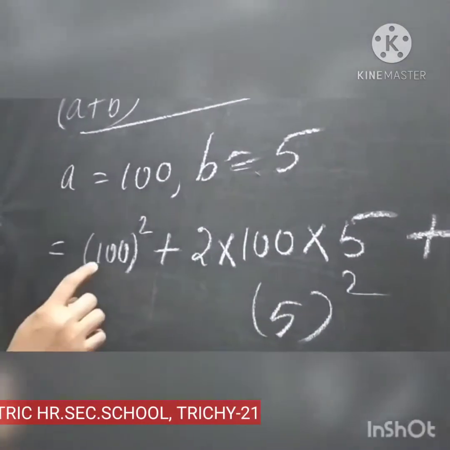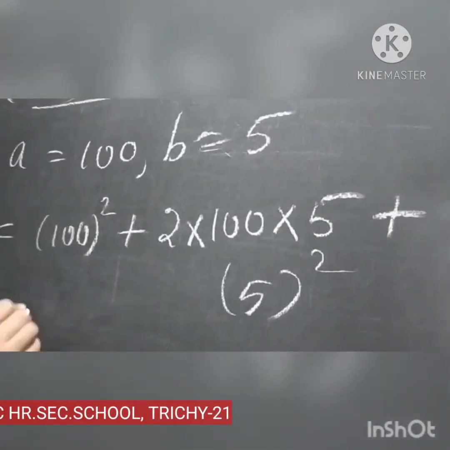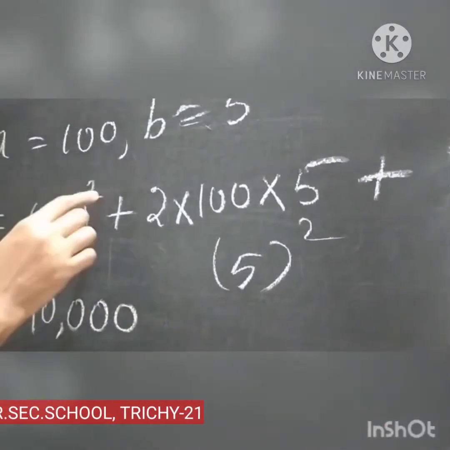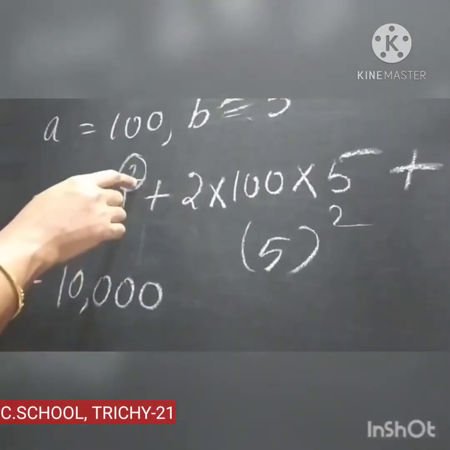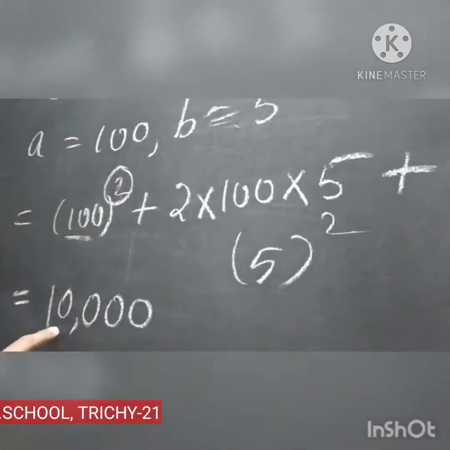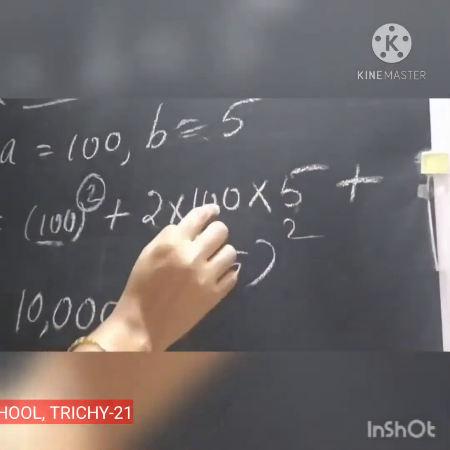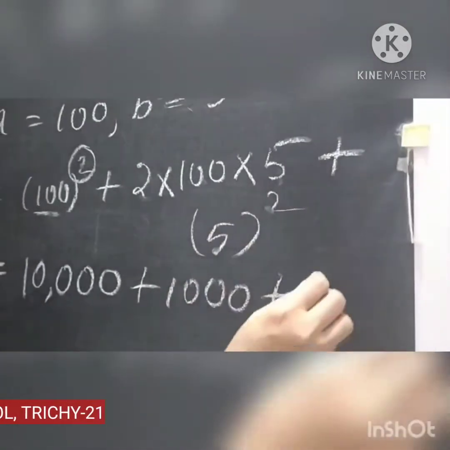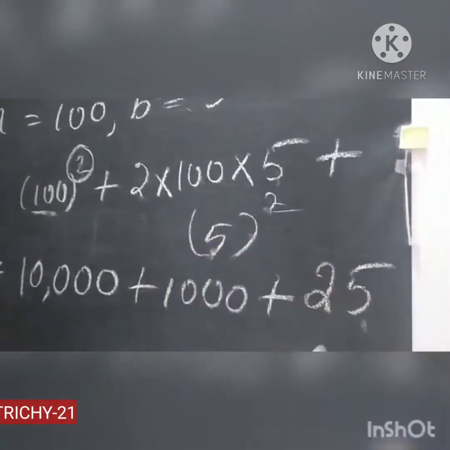So here 100 squared means you have to multiply 100 into 100, then the answer is 10,000. This is the base, this is the power, so you have to write 100 two times and multiply. So 10,000 plus 2 5s are 10, 10 into 100 is 1000, plus 5 squared is 25. 5 squared: this is the base, this is the power, so 5 into 5 is 25.